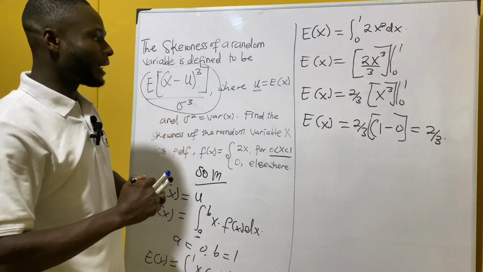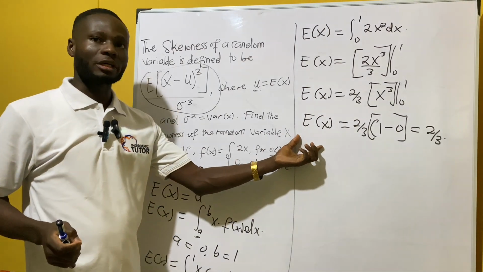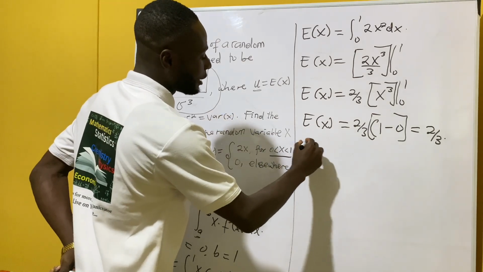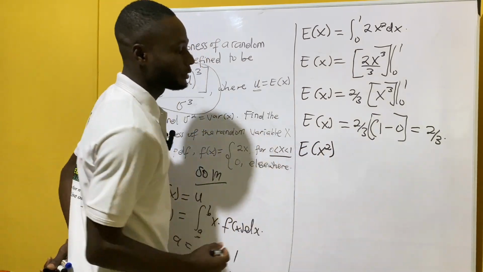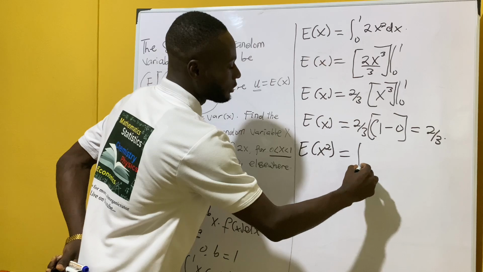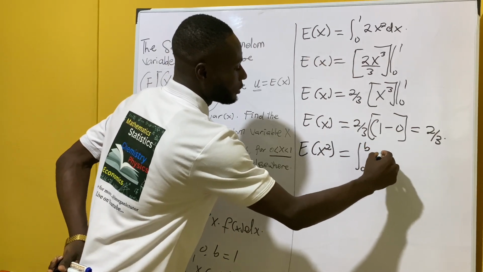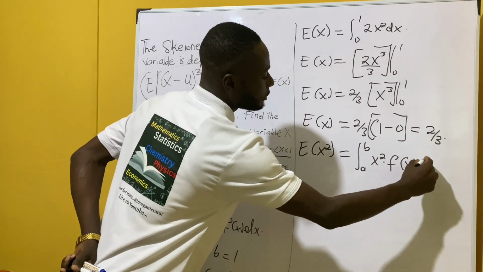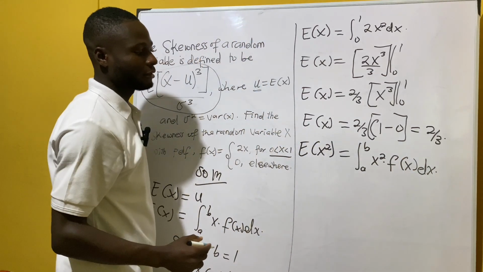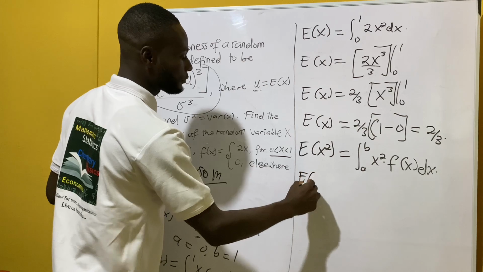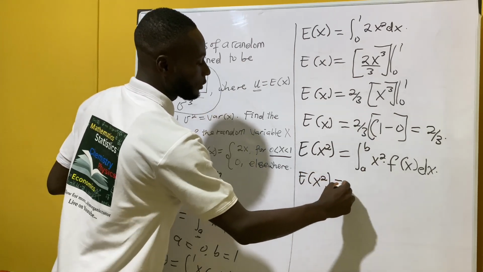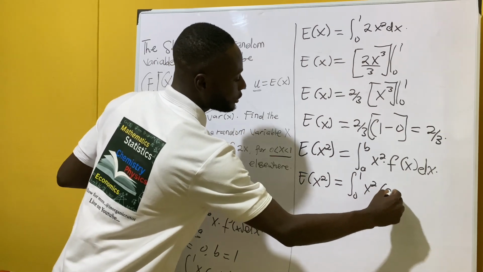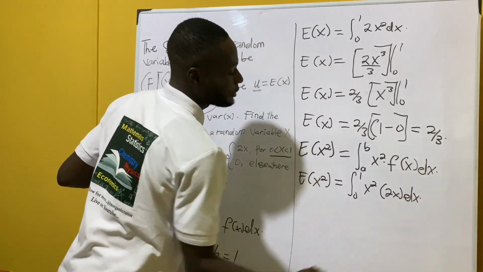So now we can go ahead and find the expectation of x squared, or the second moment, right? So here we know that expectation of x squared is equal to the integral of x squared times the function of x dx, right? So here the function is 2x dx, right?